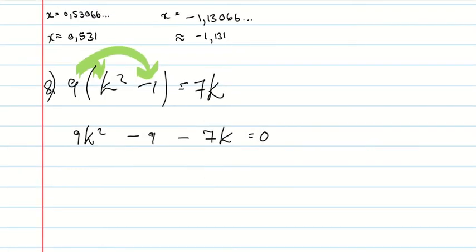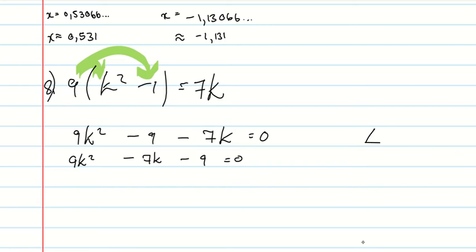However, it's still not in its standard form, so I'm going to write 9k squared. I'm writing descending powers of k, so that will be minus 7k minus 9 is equal to 0.